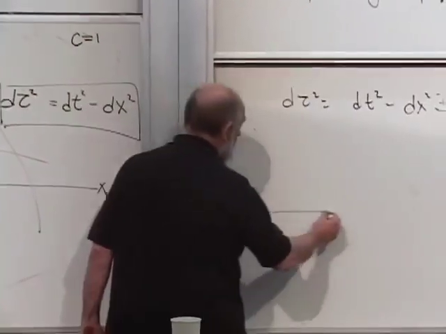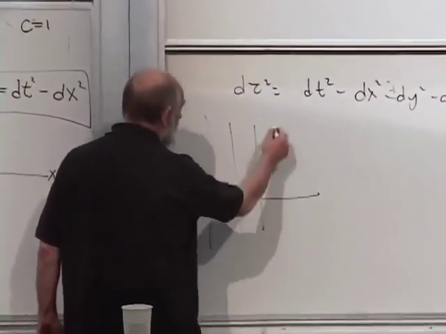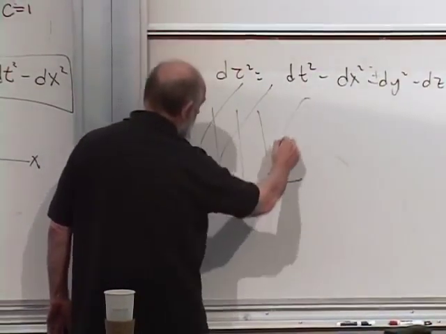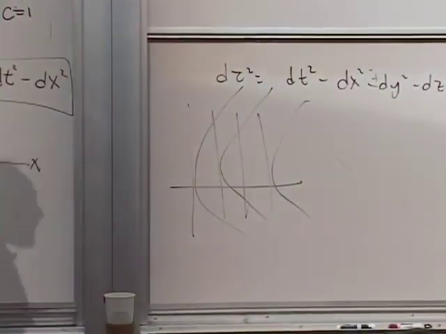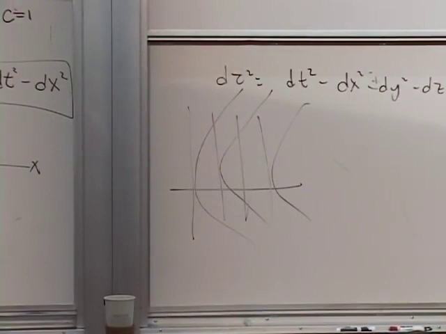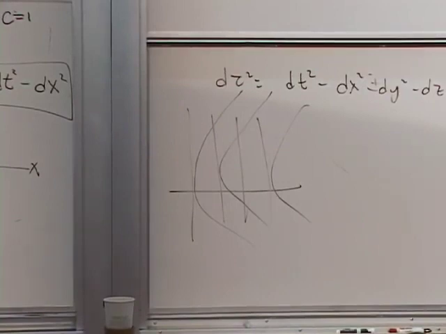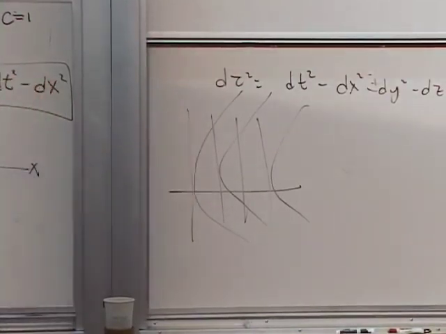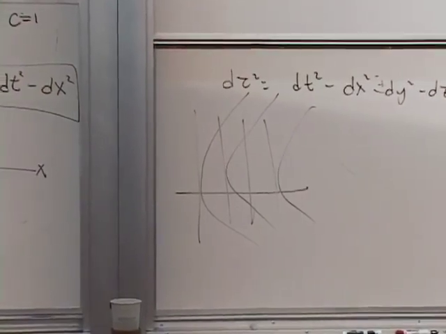I gave you coordinates which look like this, and we also talked about coordinates which were accelerated. There's an example of the introduction of curved coordinates into space-time for a particular purpose, in order to study accelerated coordinate systems. So it's not insane and not silly to introduce curved coordinates into space-time.